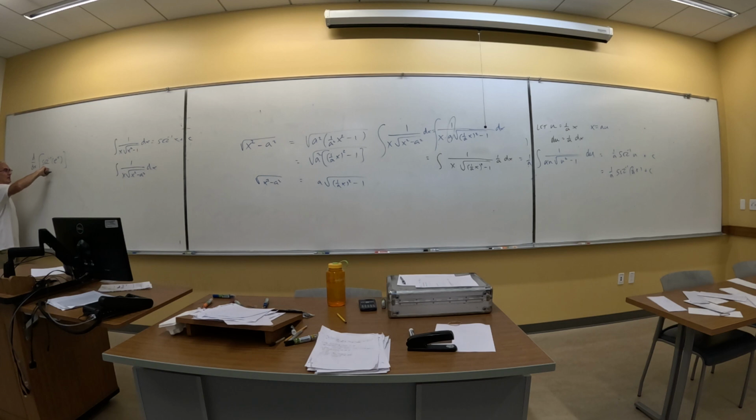So what is this? Well, let's see. I know it's 1 over the absolute value of e to the x, times the square root of e to the x quantity squared minus 1, and then it's times the derivative of e to the x, which is e to the x.